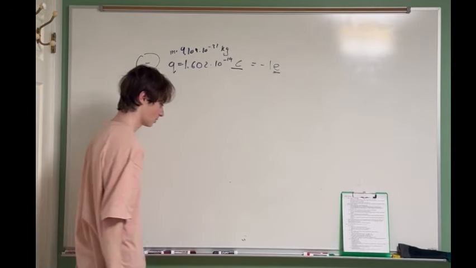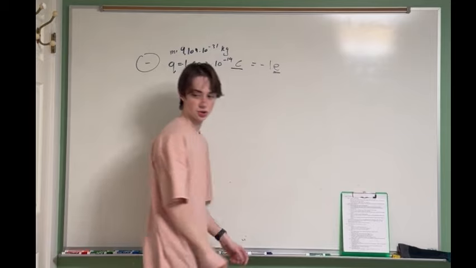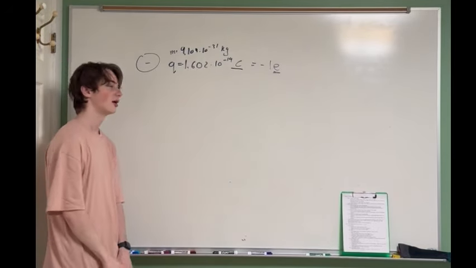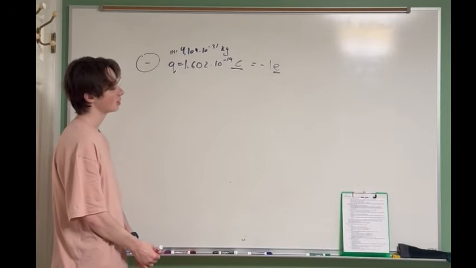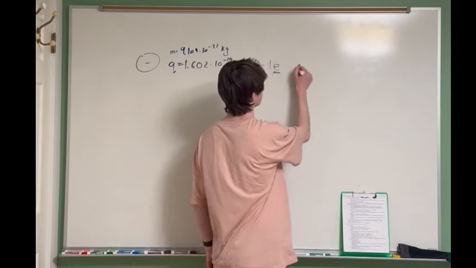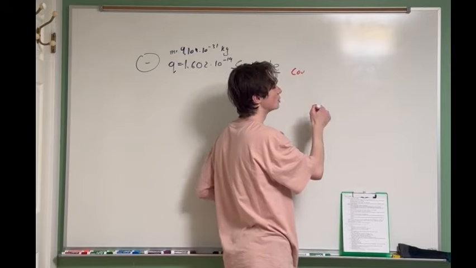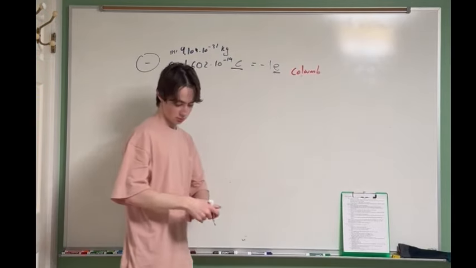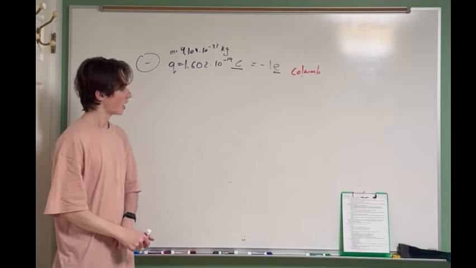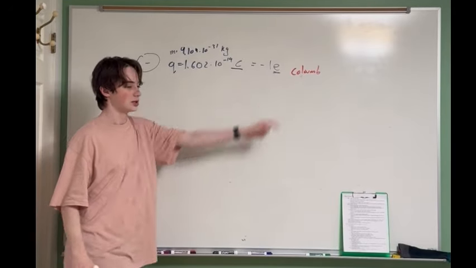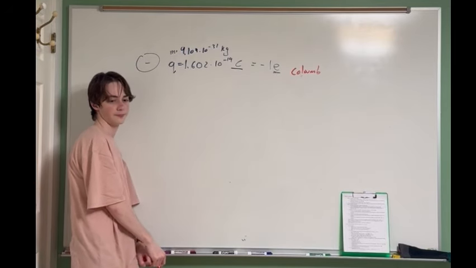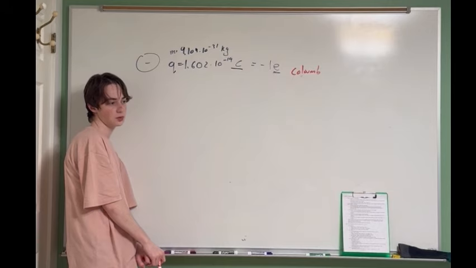What's a coulomb? A coulomb is a unit of charge. It's somewhat of a big amount of charge. I don't even know, it's like 1 kilogram Newton squared charge or something like that. How do they derive the coulomb? It's just a certain amount of electrons.